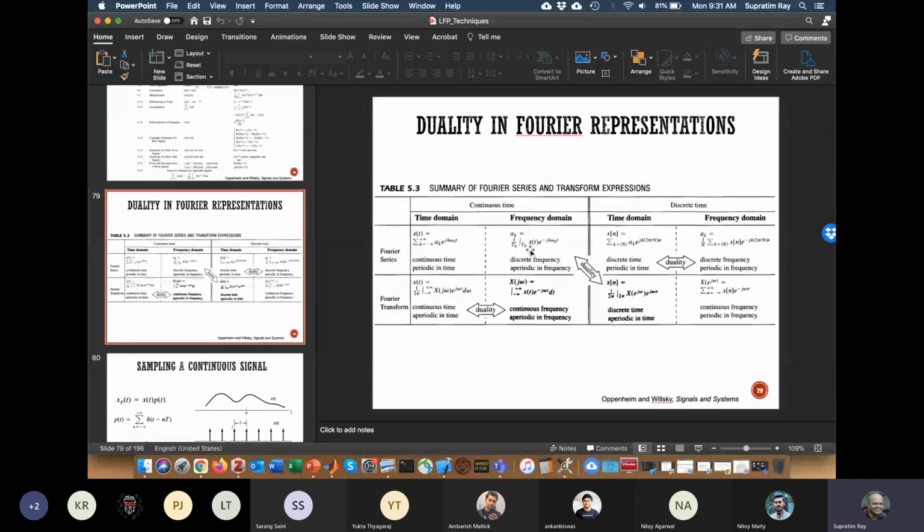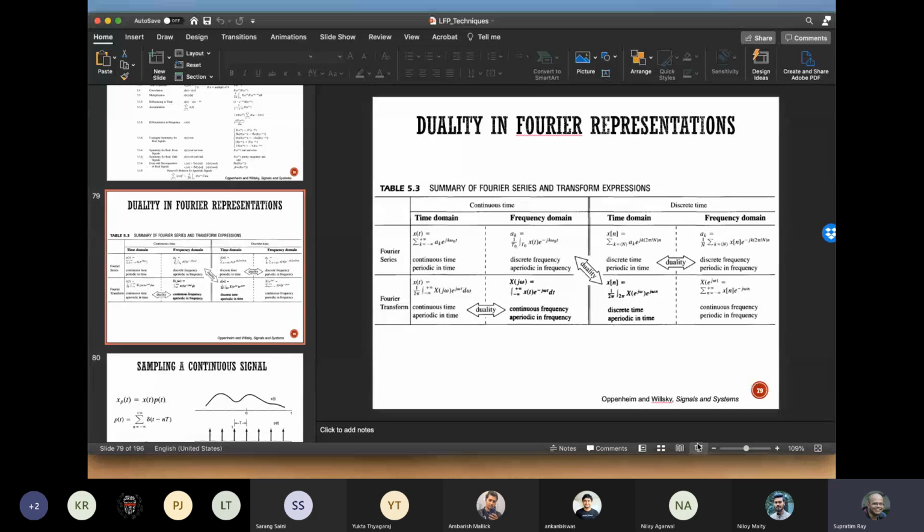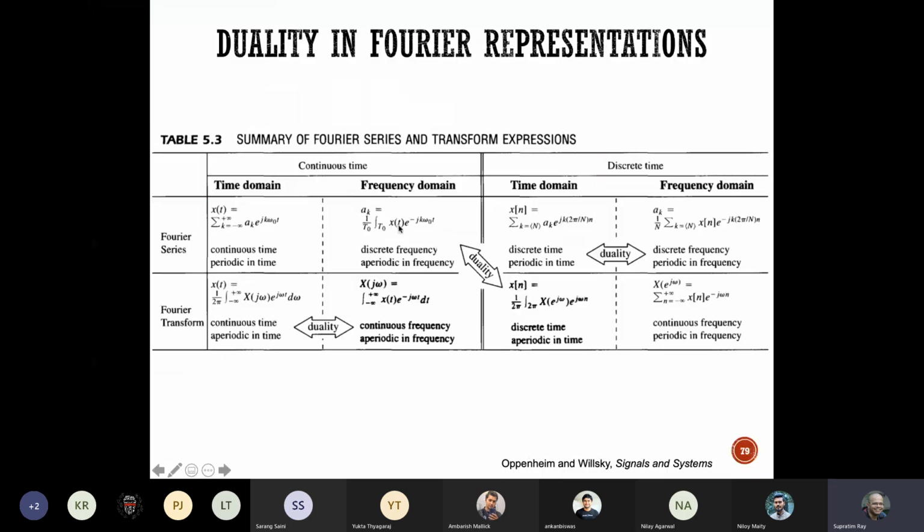If you put a delta function at x(t), if x(t) is equal to delta(t), anywhere for that matter, when you integrate something with a delta function, the overall thing just takes the value at wherever the delta function is sitting.